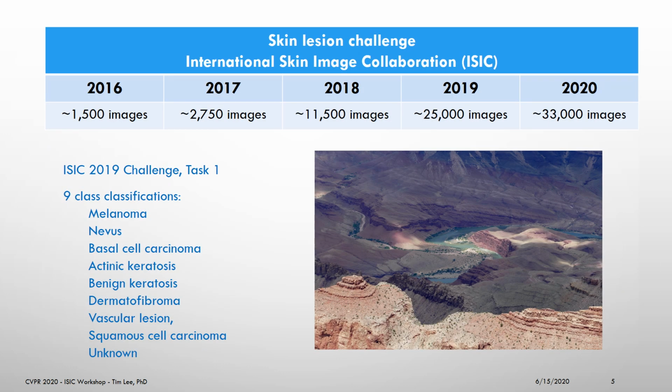Since then, there has been so much progress in the field. The ISIC is one of the main organizations to push the advancement. The exciting yearly challenge has been increasing the number of training images from about 1,500 in 2016 to over 33,000 this year. And the difficulty of the challenging task has been increased too. For example, last year's challenge task was to perform a 9-class classification.